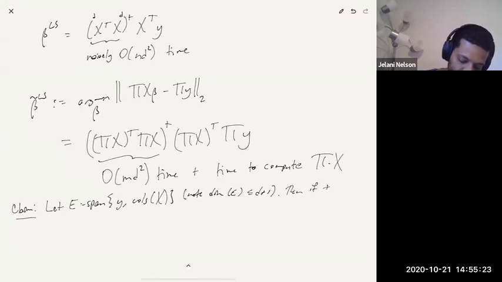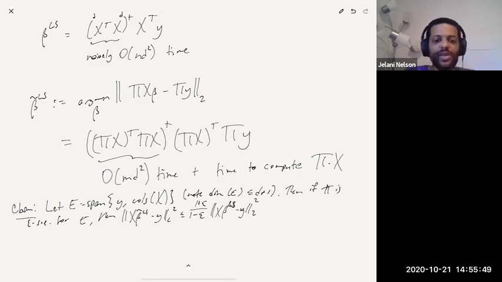Then if pi is an epsilon subspace embedding for E, then if you look at the performance of beta tilde, the norm of X beta tilde ls minus Y, L2 norm squared, is at most 1 plus epsilon over 1 minus epsilon times the norm of X beta ls minus Y, L2 norm squared.